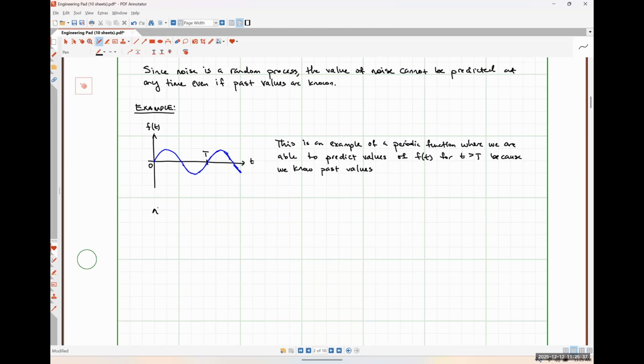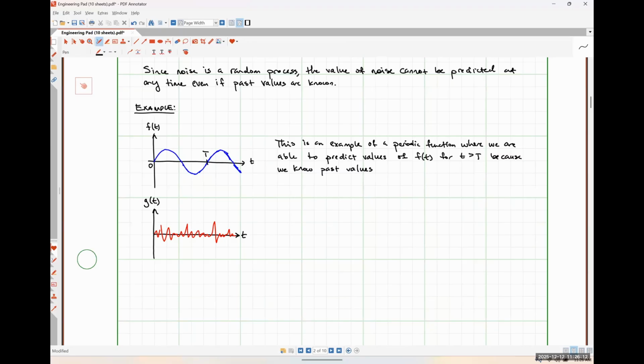And then down here, I will attempt to scribble a noisy function. So here's time, and let's call this guy just g of t, so it's denoted by something else, and that might be something like this, okay?